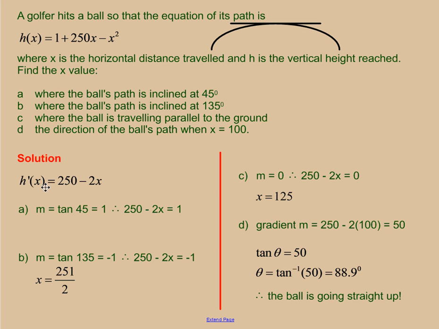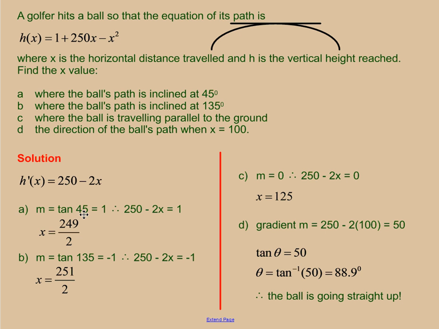So we need to know the derivative, which is 25 minus 2x. So in the first case, we want to find out when is that equal to 45 degrees, and of course tan of 45 is 1. So solving that equal to 1 gives us 251 over 2. When is it 135 degrees? So in this case it's negative 1, so it's 251 over 2.